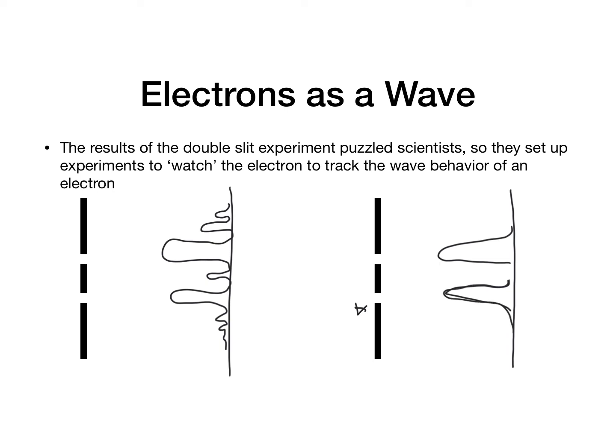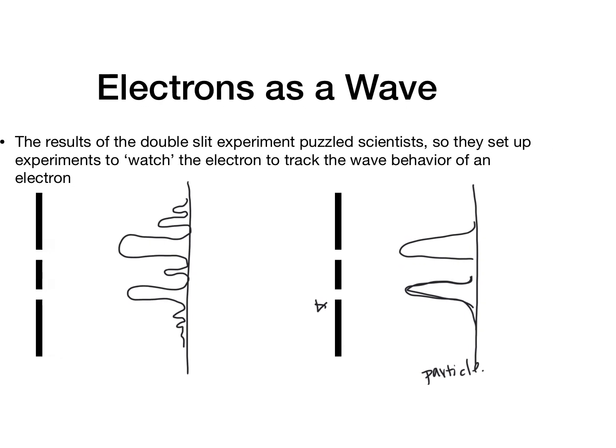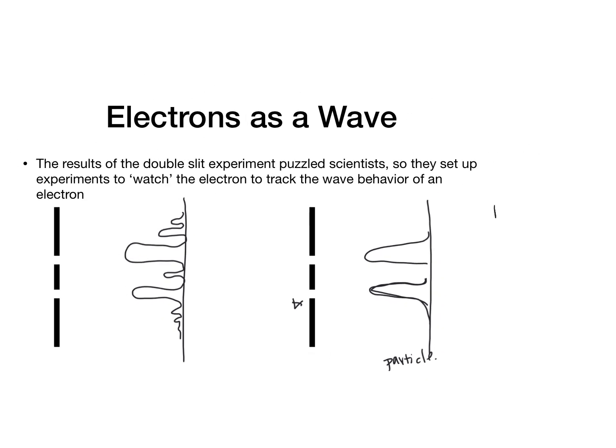They watched the electrons, which means that they knew if it went through the top slit or the bottom slit. But once they do that, now we get particle behavior. You can slow down the electrons. If we have our double slit experiment and we just allow one electron through at a time, we will again see this behavior.